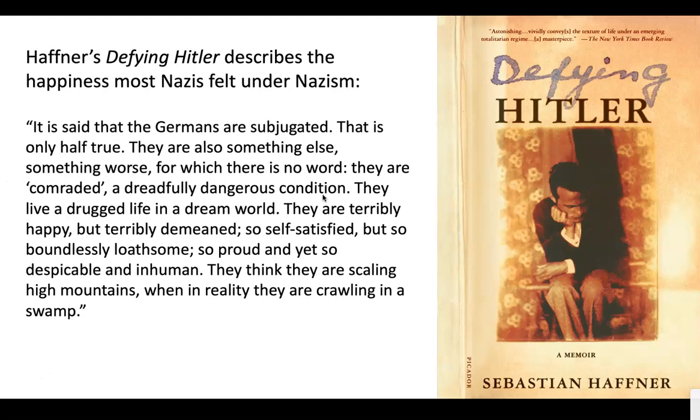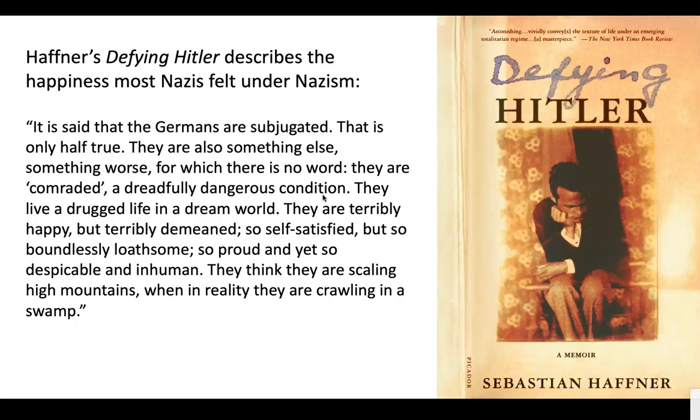But he's a contemporary philosopher, and we can look at this memoir that was written in 1939 by a man named Sebastian Haffner. He talks about this happiness that many of the Germans felt. He says, it is said that the Germans are subjugated. That is only half true. They are also something else, something worse, for which there is no word.